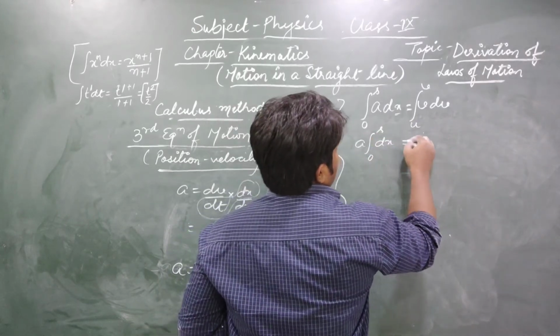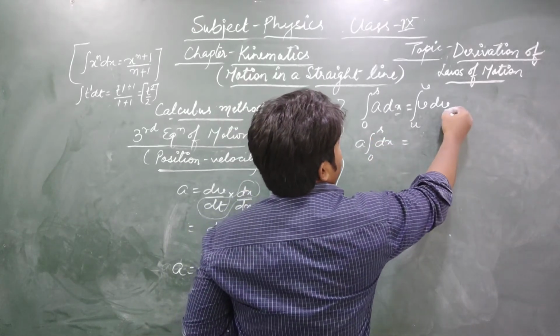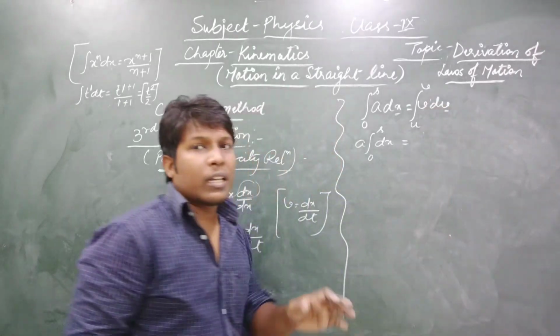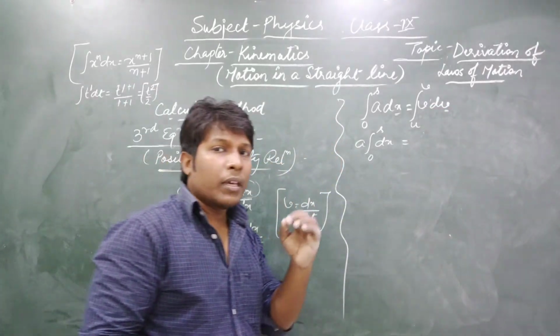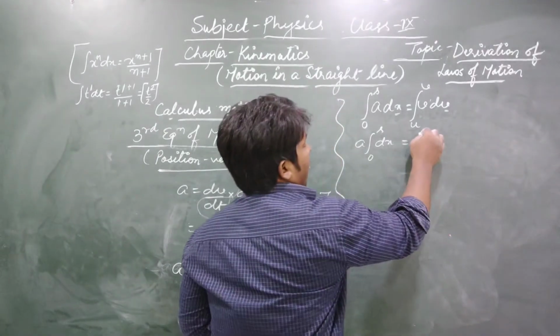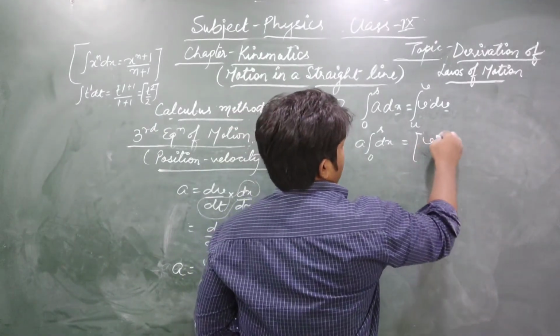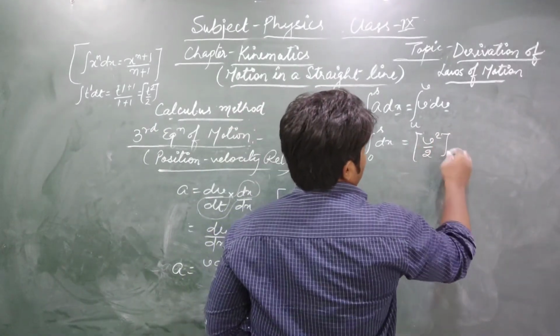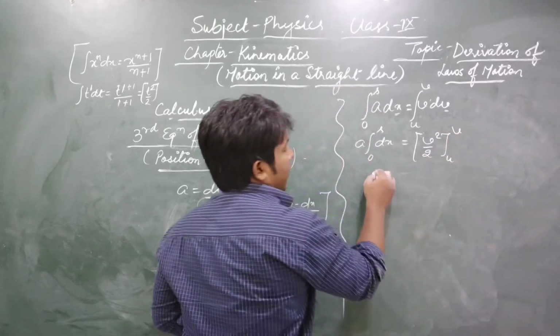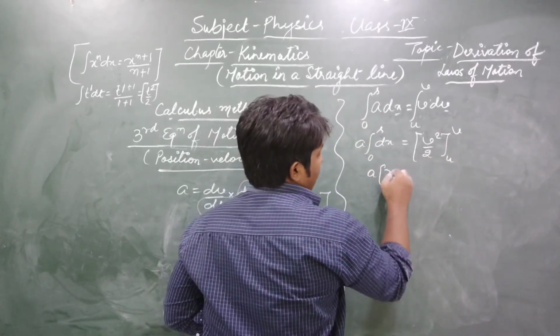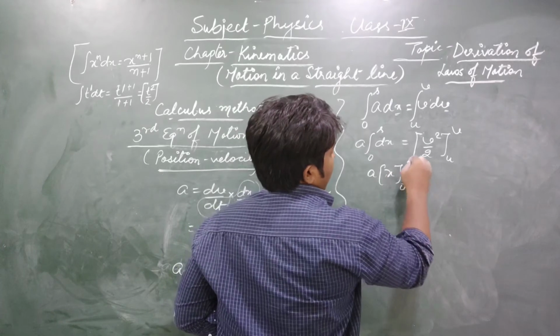Here it is integrating with respect to v, so v raised to the power 1, so integration will be v square by 2, u to v. Here it will be a times x, 0 to s.